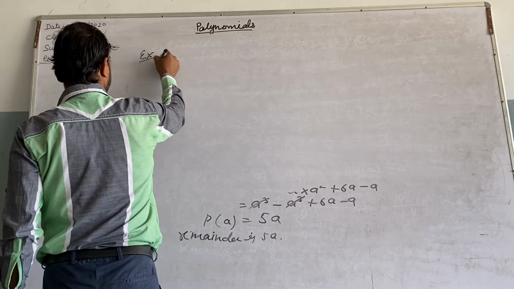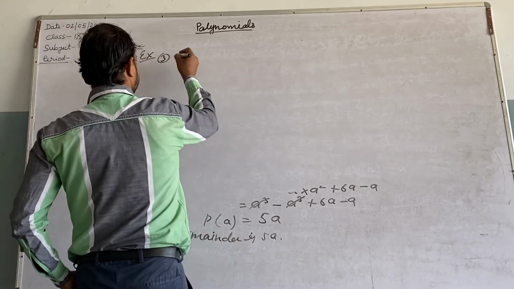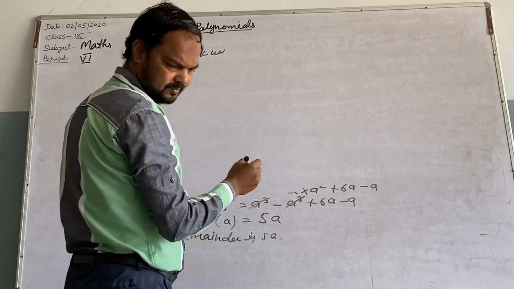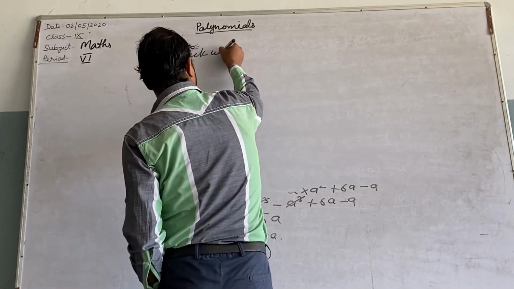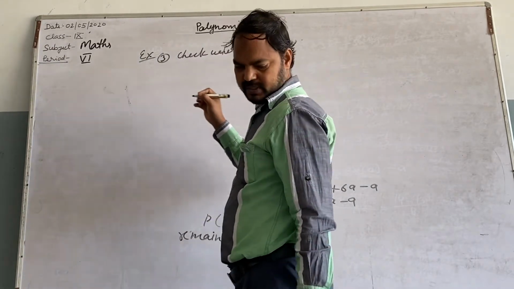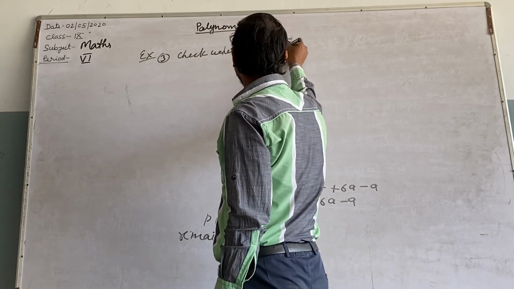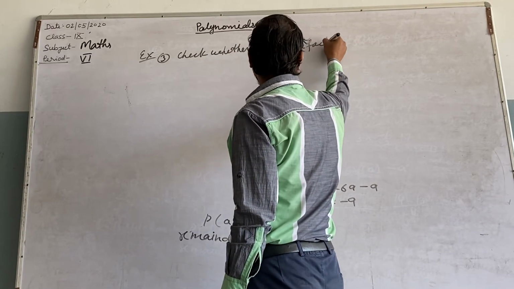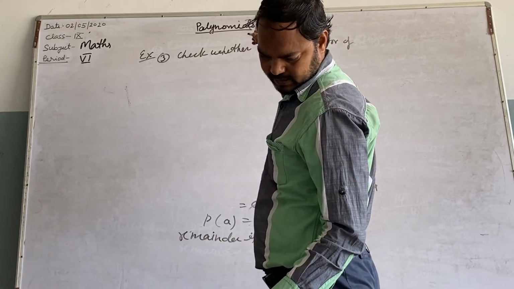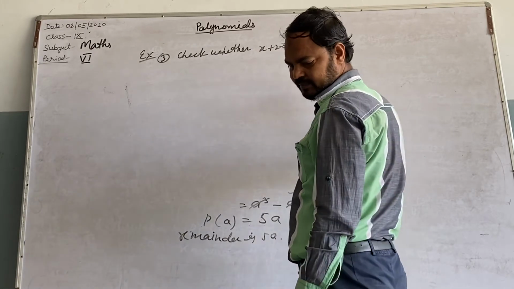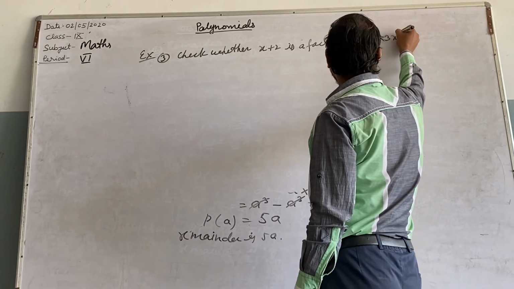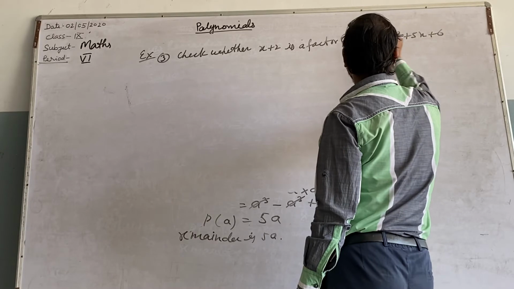Example 3. Check whether x plus 2 is a factor of x cube plus 3x square plus 5x plus 6.